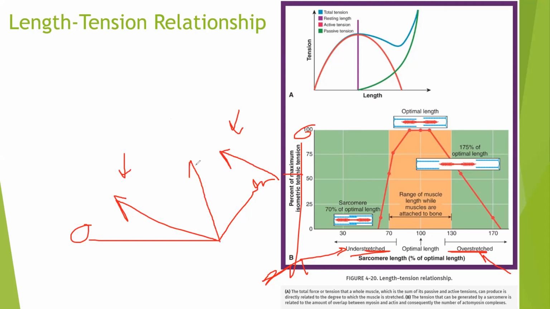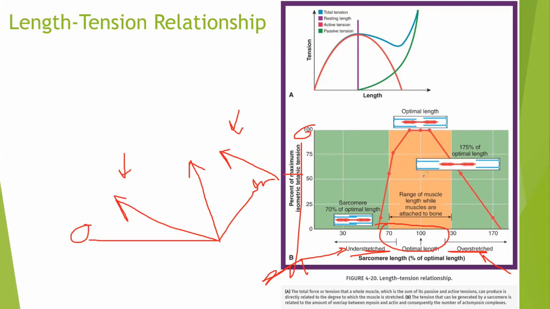But when you reach this optimal midpoint here, that is where you can produce the most amount of tension. So this means that for most muscle movements, you will produce the most amount of tension when you are approaching kind of your midway point of your active movement.